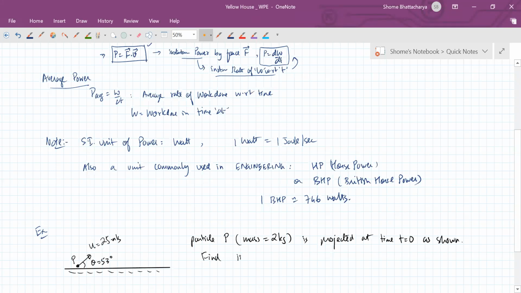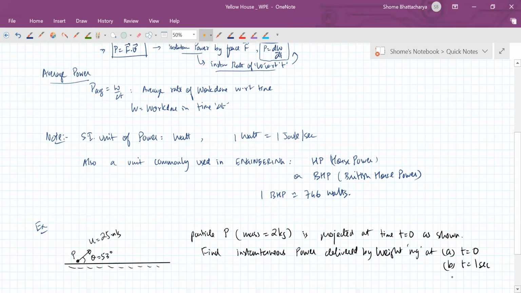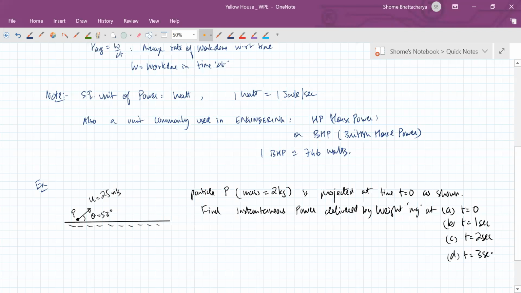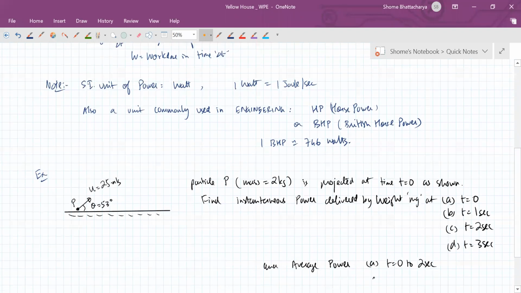So you have to find the instantaneous power delivered by weight mg at t equal to 0, t equal to 1 second, t equal to 2 seconds, t equal to 3 seconds, and the average power from 0 to 2 seconds and from 0 to 4 seconds.